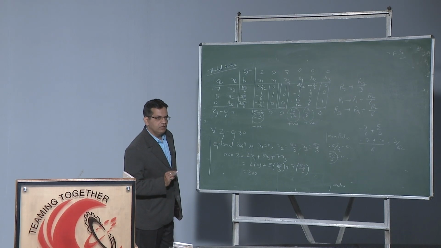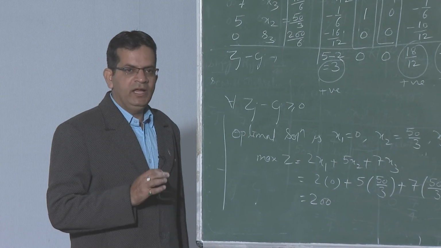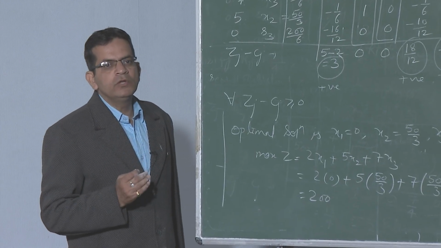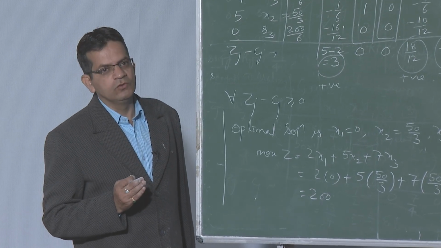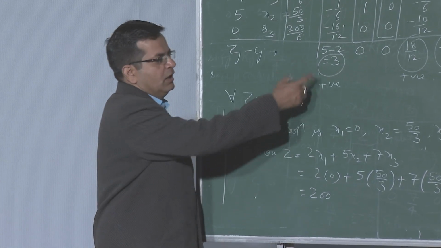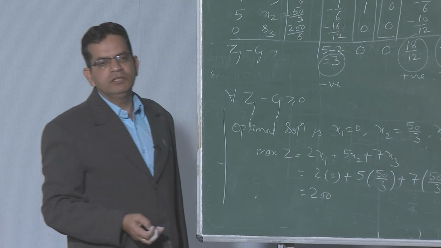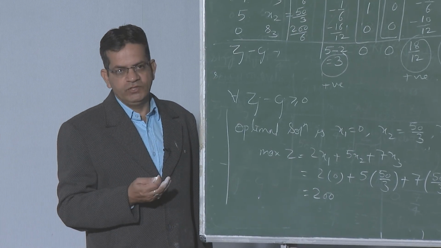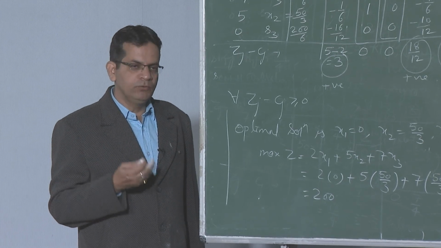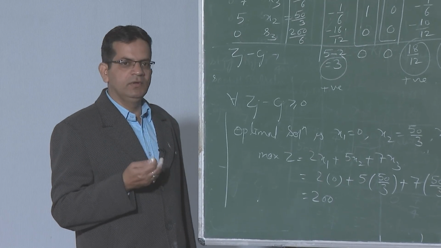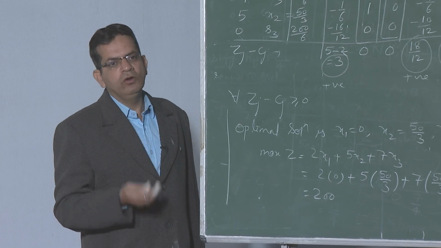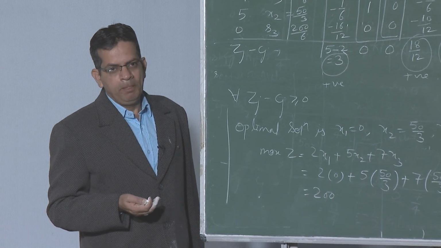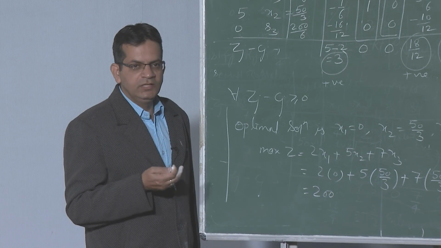And the simplex method has the beauty that by table we improve the basic feasible solution up to the optimal solution. Unless we have all Zj minus Cj positive, we need to repeat this process. Sometimes the problem is complex or the number of variables is more, then we have more simplex tables, but the computation is easy.